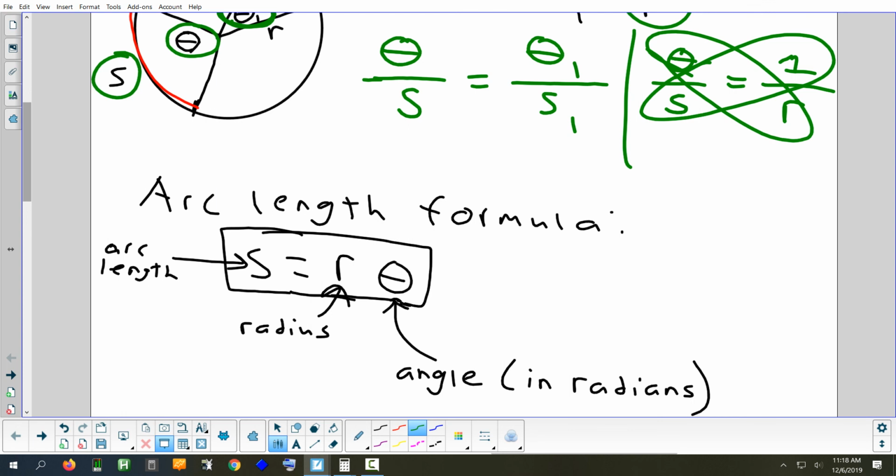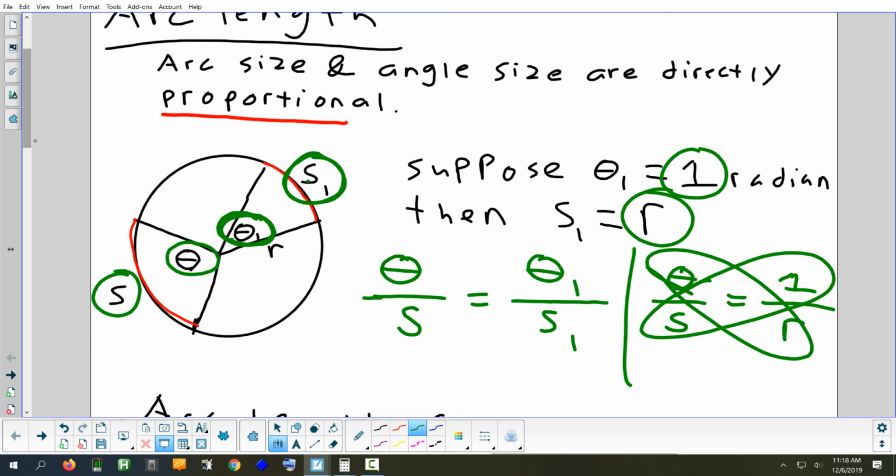Now, a couple things about that formula. First of all, S is the arc length, R is the radius, theta is the angle. But way back when we started, we assumed theta 1 was what? What units did we assume? 1 radian. Radians, right? So we started this whole process off by saying we were working in radians.